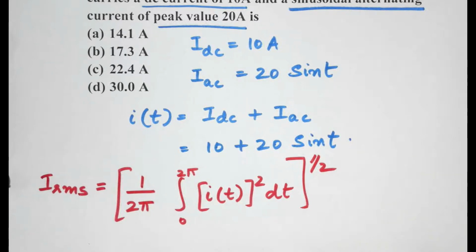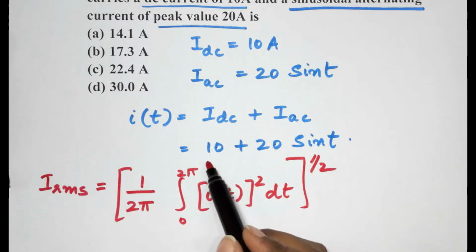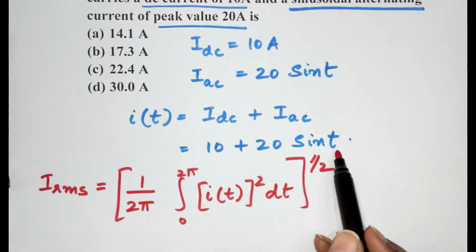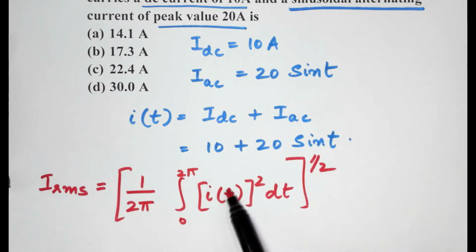So this is our formula for the RMS of a waveform. Now we have our expression for I of t to be 10 plus 20 sin t. Now we have to square this and substitute. So let's do that in the next step.